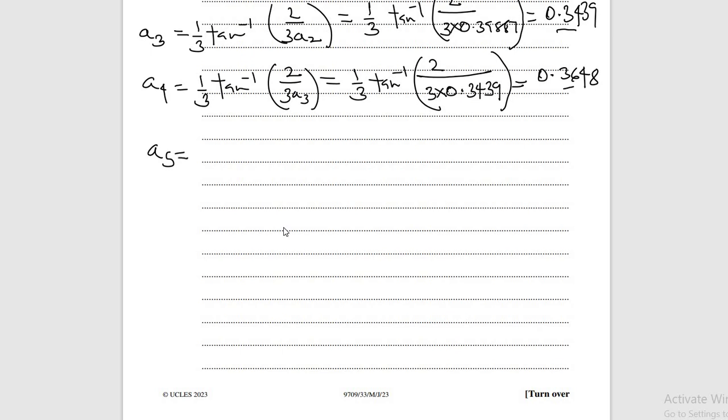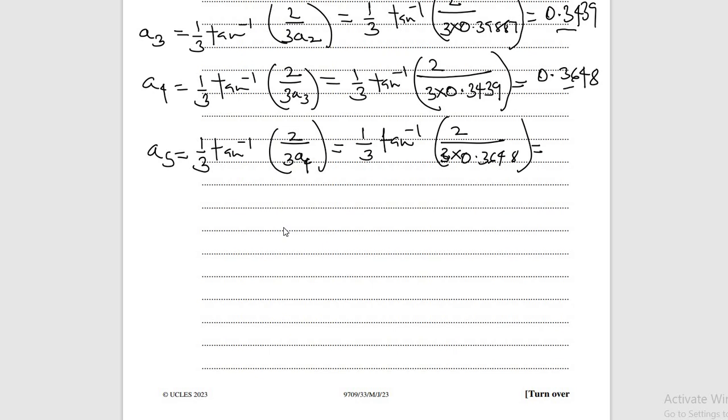A5. For A5 is 1 over 3 arctan 2 over 3 A4. And we got A4 in the previous one. So that will be 1 over 3 arctan 2 over 3 times A4, and A4 is 0.3648.